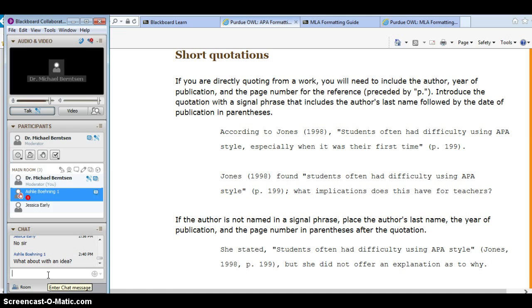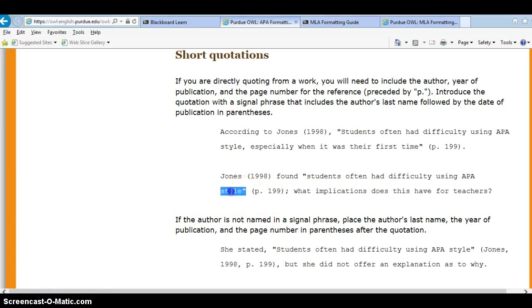Oh, and the same goes hand in hand whether you are paraphrasing or quoting. Wherever their thought ends is where you put that page number, and wherever your new idea begins, whether it's in the sentence or after the paraphrase, you just continue along. So same thing goes hand in hand with a paraphrase. Wherever their idea ends, if it's in the middle of the sentence and then you continue along, in the middle of that sentence, you need that page number.